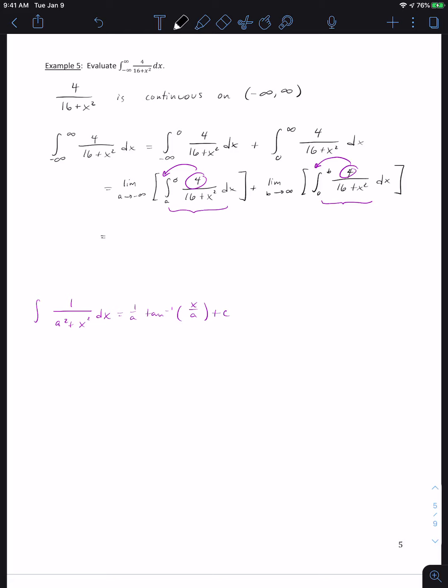And remember the 4 gets to hang out for the ride because it's a constant. So the limit as a goes to negative infinity of 4 hangs out for the ride, and then I get 1 over, what's my a in this case? What am I squaring to get 16?